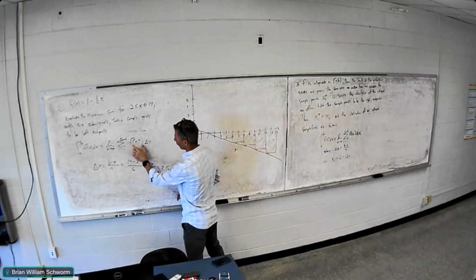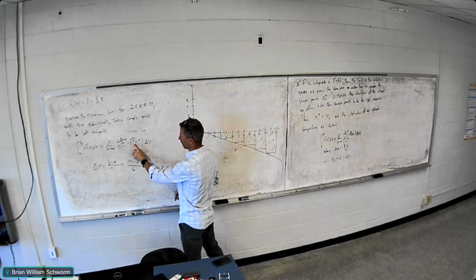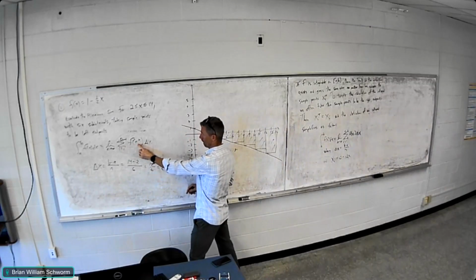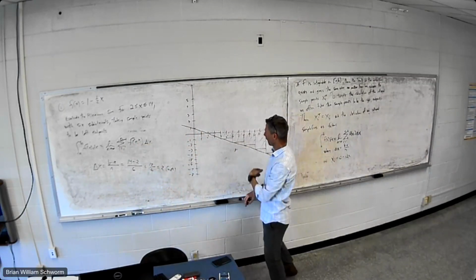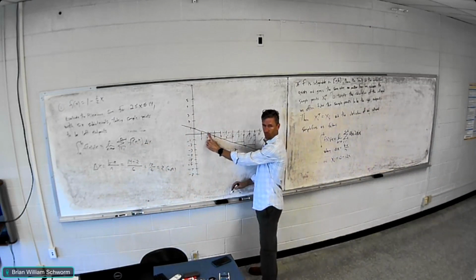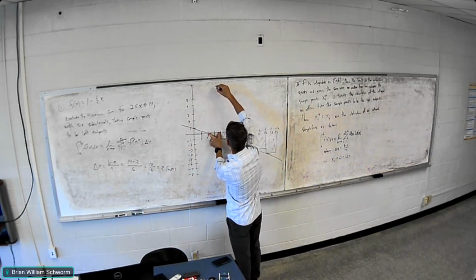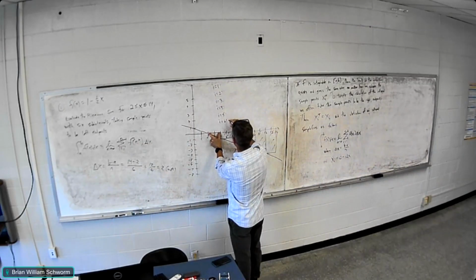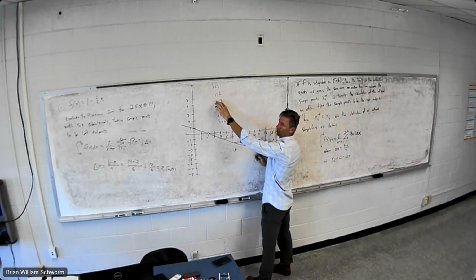But anyway, what this formula says is I need to take the function value at the left endpoint times the width for each one of these. So the left endpoints, i equals 1, 2, 3 up to 6.